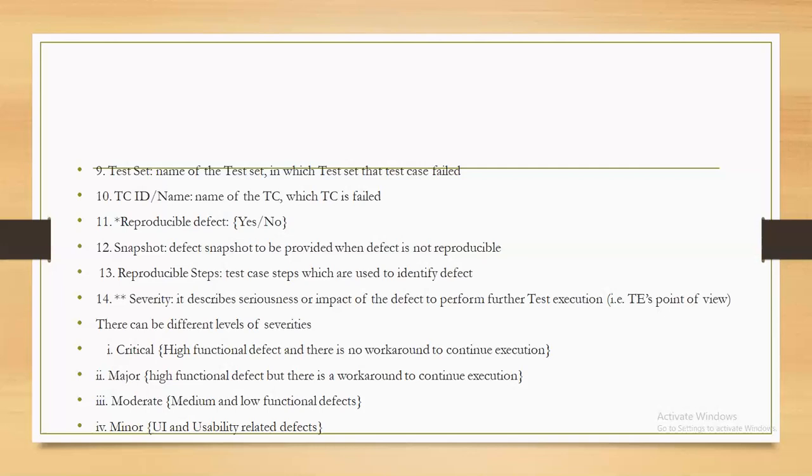That means we are still able to continue the remaining test cases execution. Moderate means medium and low functional defects. Minor means user interface and usability related defects. So there can be different levels of severities: critical, major, moderate, minor.